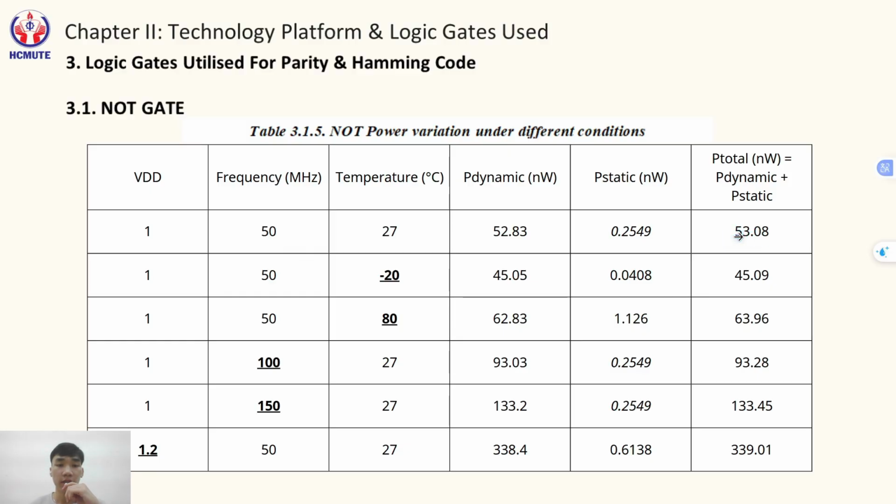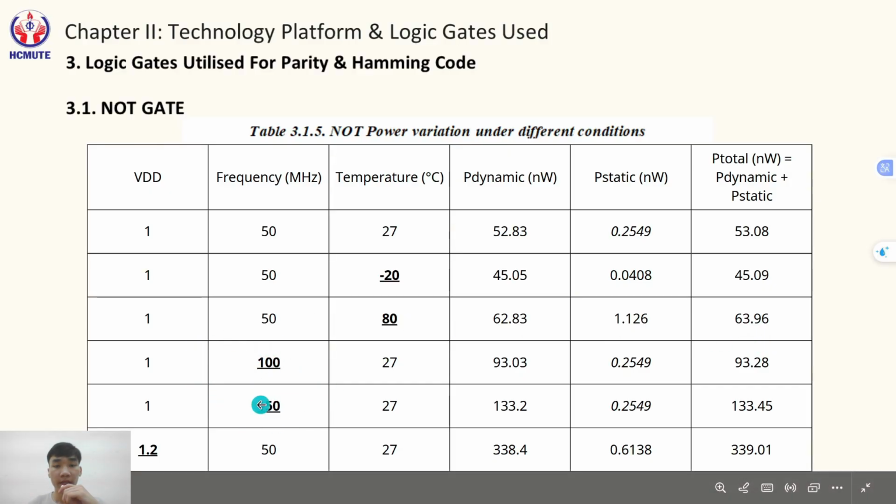And when we change the condition, increasing temperature to 80 Celsius degrees, both dynamic and static power increase due to change in carrier mobility and higher leakage current. So total power rises and energy efficiency decreases at high temperature.